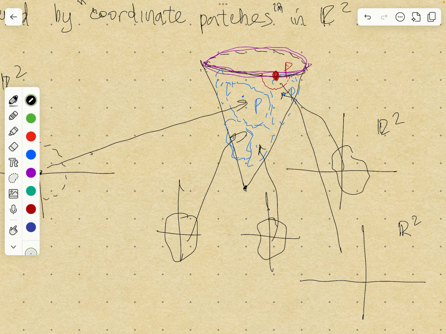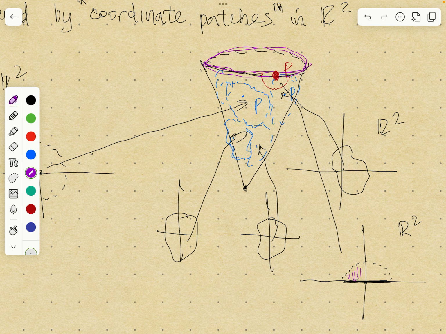Okay, that's going to be something that looks like this. It's a solid region.